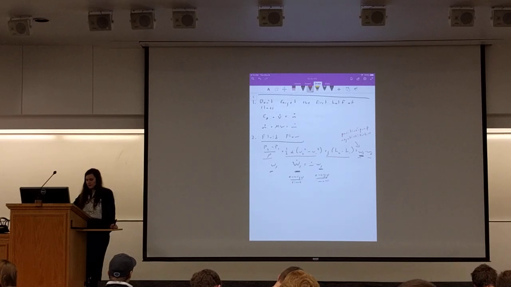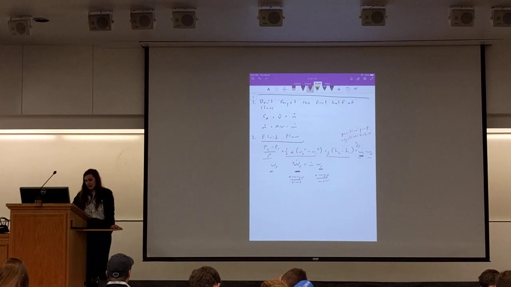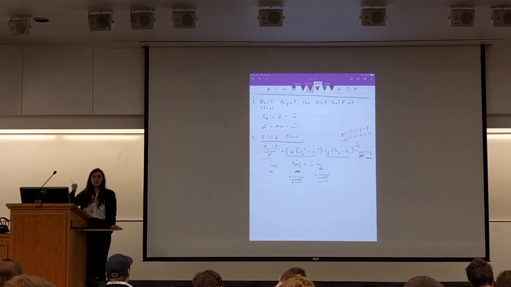And if we go through and we think about it, this makes sense. A pump puts energy into our fluid, and a turbine takes energy out. That's also why this minus WF term is negative, it is taking energy out.